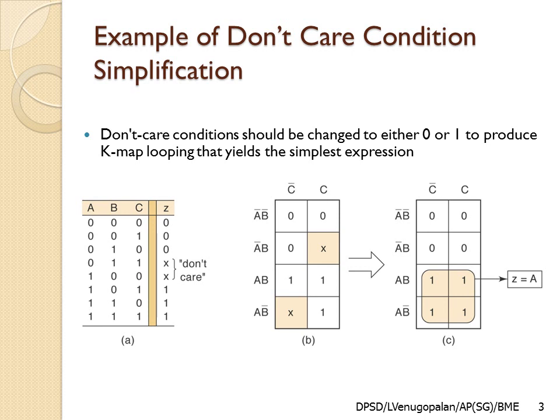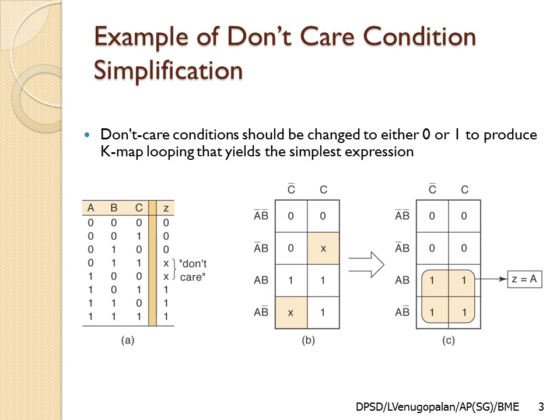When I populate my K map with the minterms, I just put an X where the don't care condition is, and then I have a look at my K map. If turning either of these X into a 0 or 1 gives me a very simple and unique solution, then I'm going to go for it.